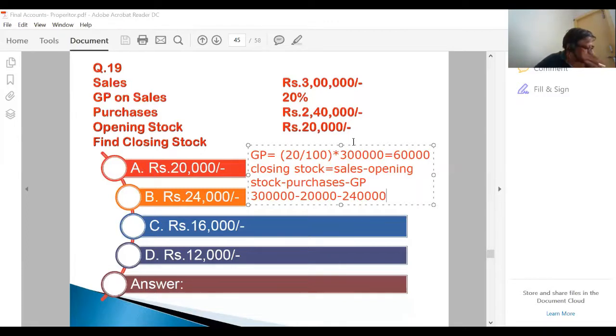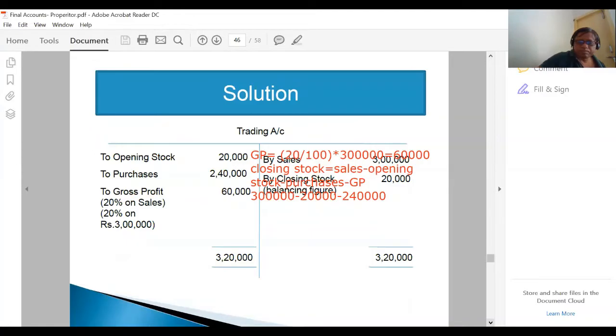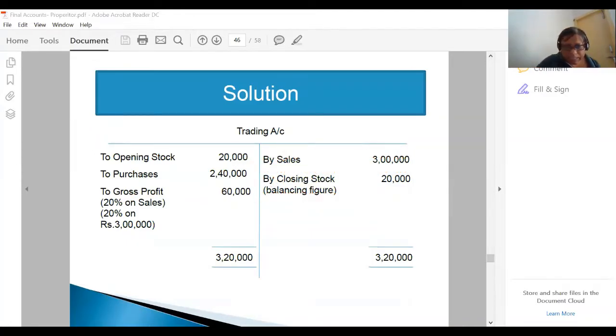So the answer, why is it not coming? Once again. Right. We have opening stock plus purchases, gross profit. Correct. So 3 lakh 20 minus 3 lakhs. Okay, correct.